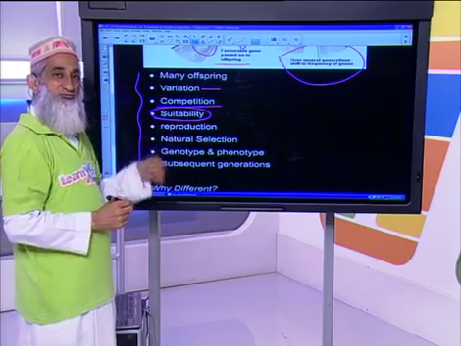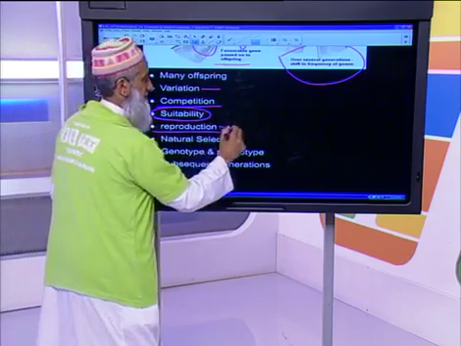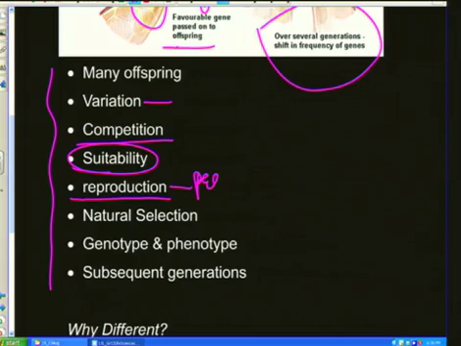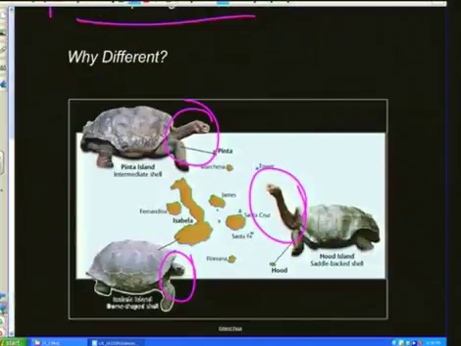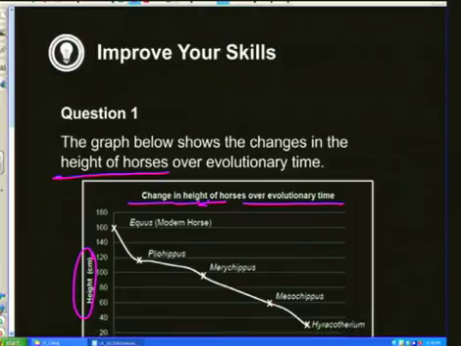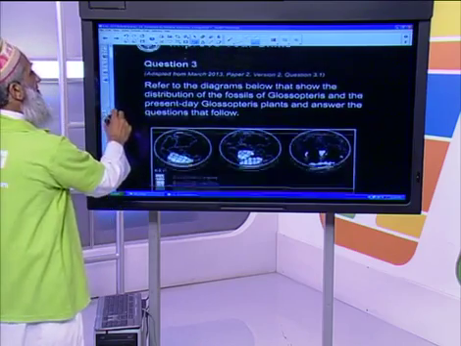We said that the white ones were more suitable, and therefore they could reproduce. And if they could reproduce, they would pass the favorable gene to the offspring. This is known as natural selection. And this is what's going to happen over subsequent generations. Are we all okay with that one? Manak, you okay? Yes. You sure, Manak? All right. Good.